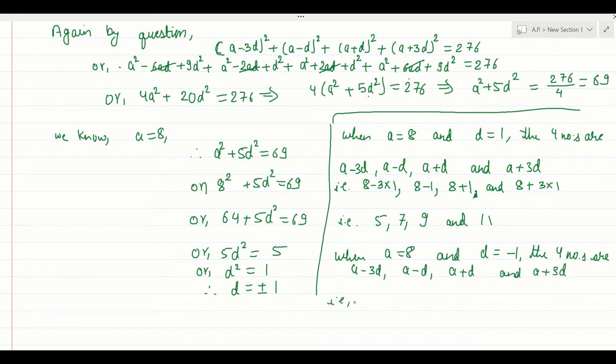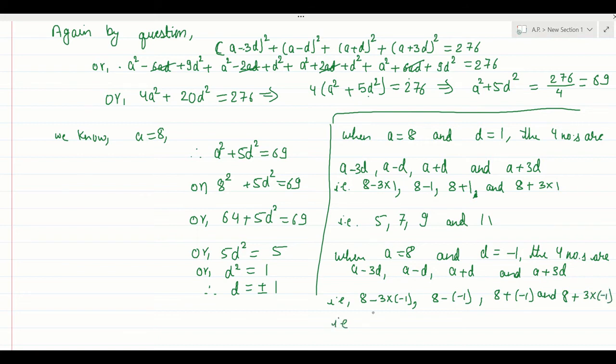That is 8 minus 3 into minus 1, 8 minus minus 1, 8 plus minus 1, and 8 plus 3 into minus 1.